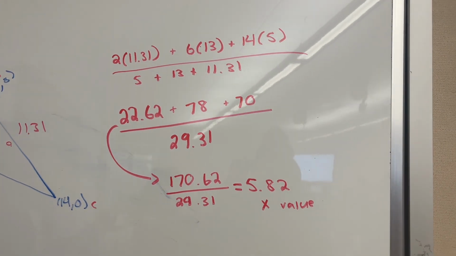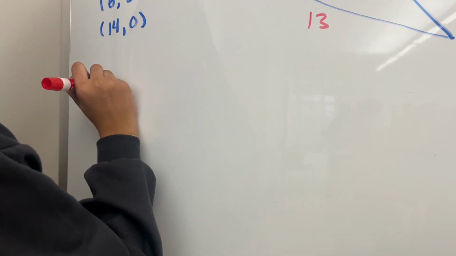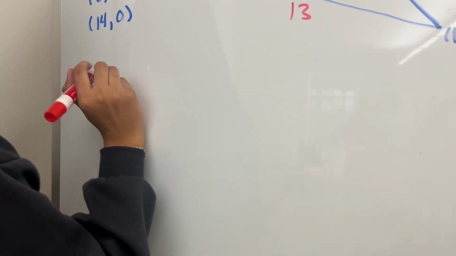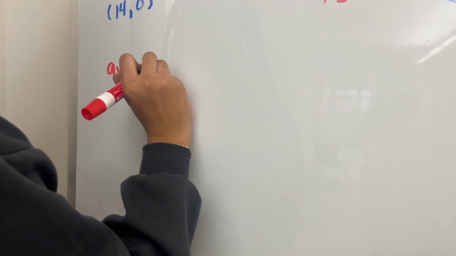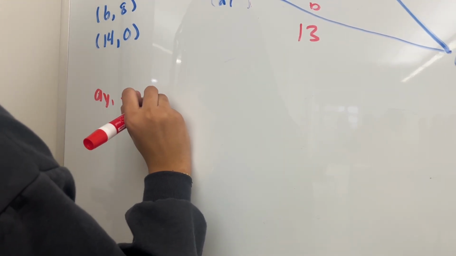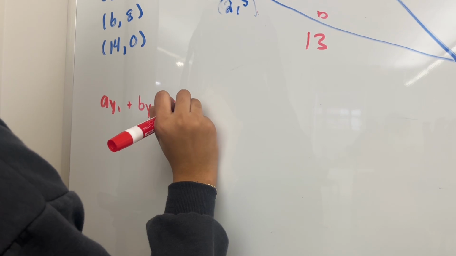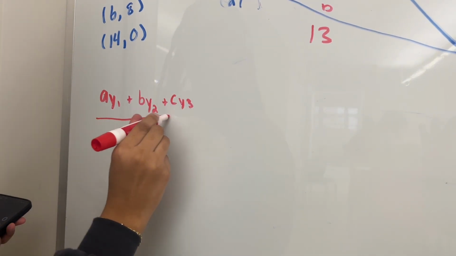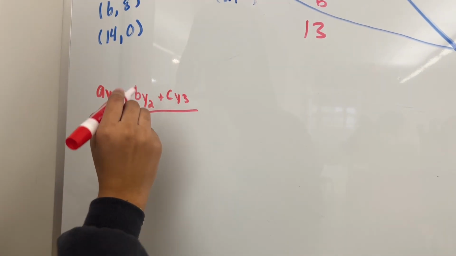Now you have to show the formula to get the y value. We're going to do the same thing, but with the y points. We already know the perimeter, so we'll just add it right here.